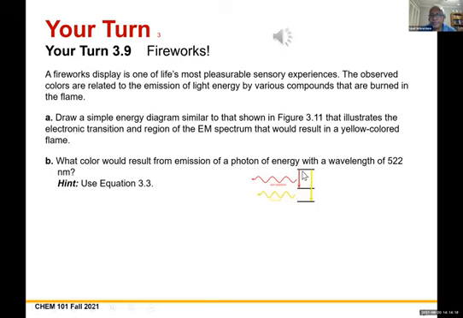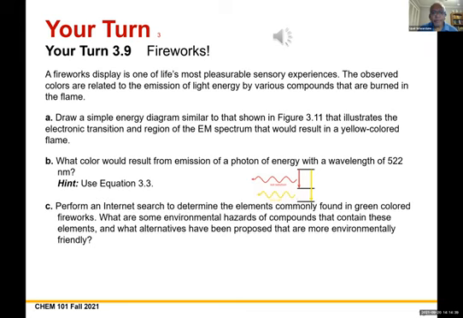For example, strontium emits a crimson color. It has low energy, because its lambda is higher than yellow light. So different metals have different colors, and they produce different colors in fireworks.